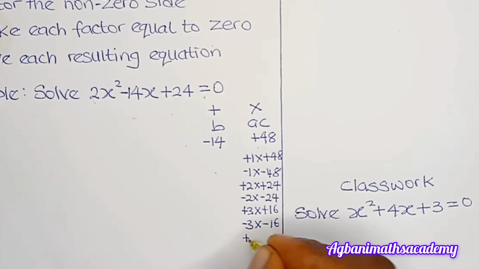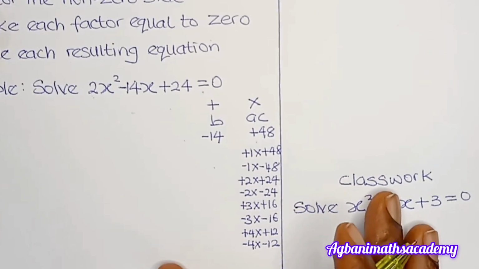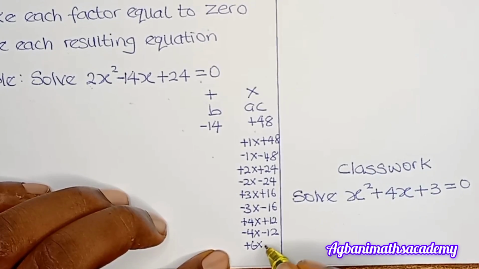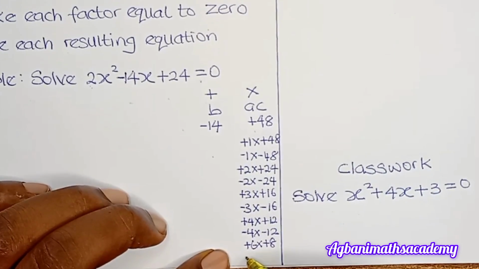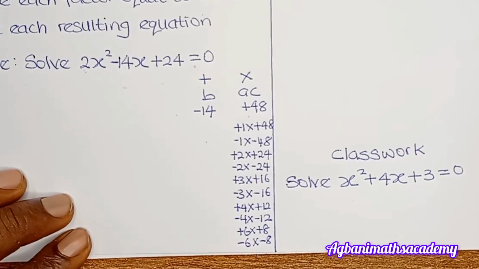We have plus 4 times plus 12, minus 4 times minus 12. And then we have plus 6 times plus 8, minus 6 times minus 8. All these pairs will multiply to give us plus 48.